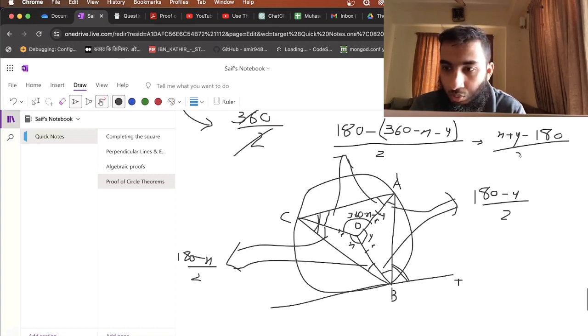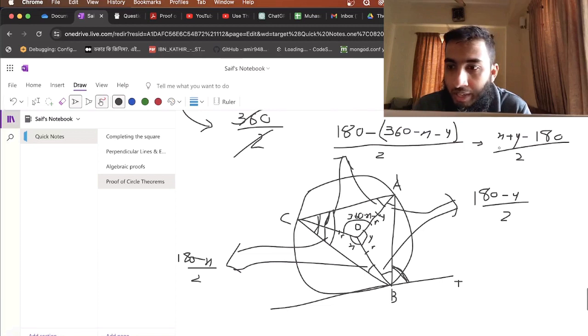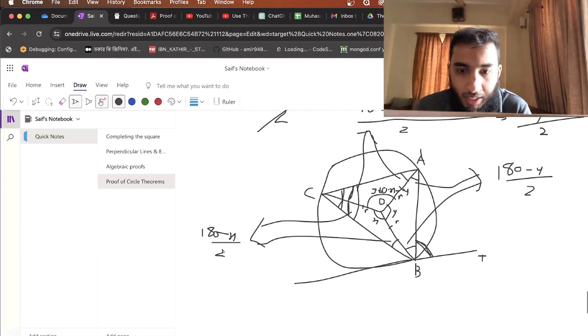So you have to prove that this whole angle, or the sum of this angle and this angle, is the same as this angle. If we sum, we know these two angles in terms of X and Y. So we can write this angle as X plus Y minus 180, and this angle is 180 minus X by 2.